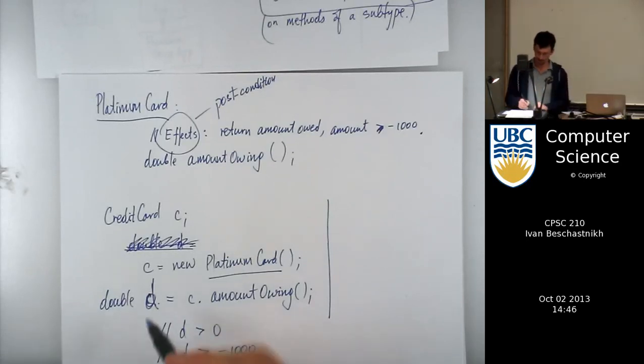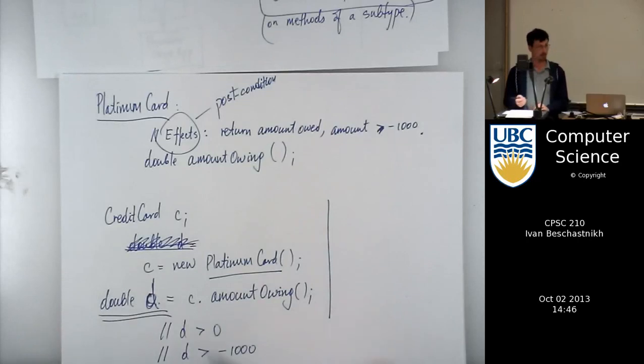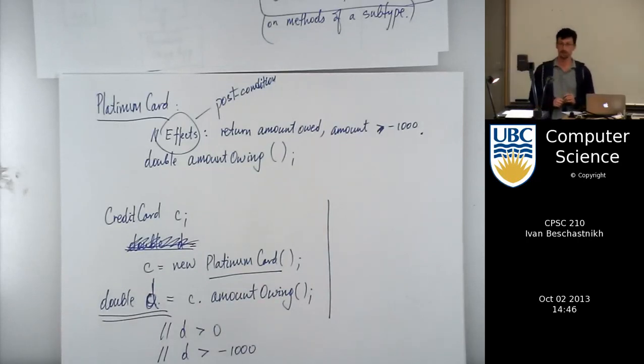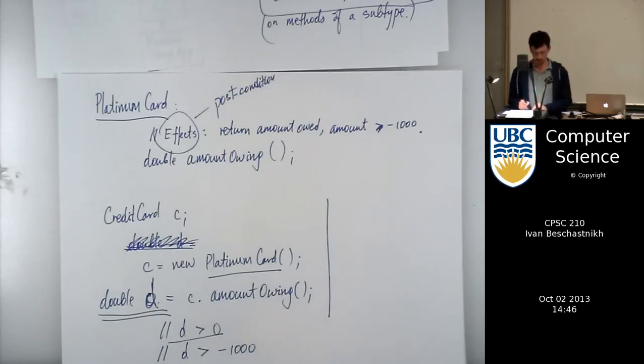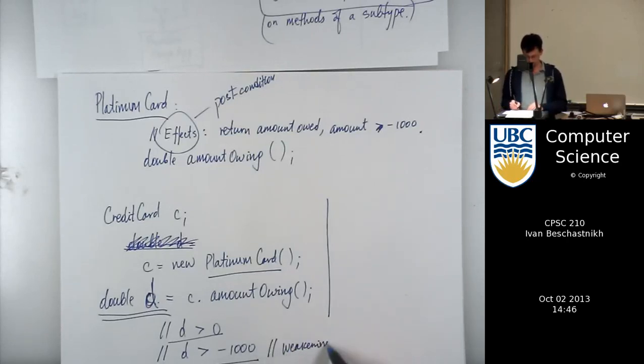Because after I derive this value, I'm going to go on to do something with this D. I might add it to some number, I might use it for accounting, and I need strict guarantees about what D is, what kind of values it may have. According to one specification, D is greater than 0. According to another one, it's greater than negative 1,000. And that's an issue because this is a weakening of a postcondition.